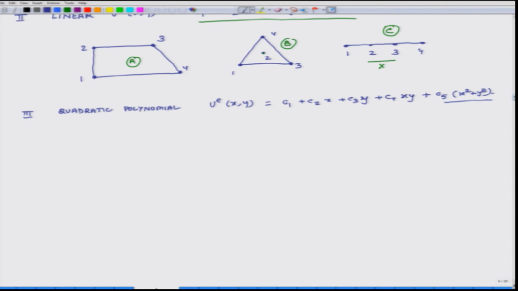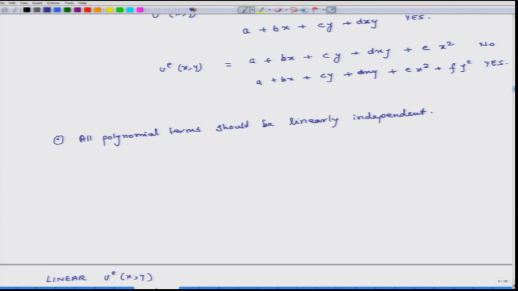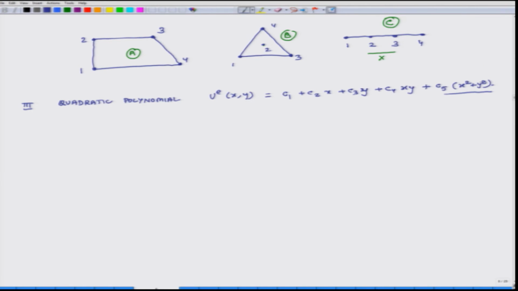Earlier we had said all polynomial terms should be linearly independent. Here the weight on x square and y square is the same. So, we have violated our own condition. This type of function, you could think it could exist on a square or a quadrilateral with a mid node, but when you apply this, you will again see the compatibility issues.